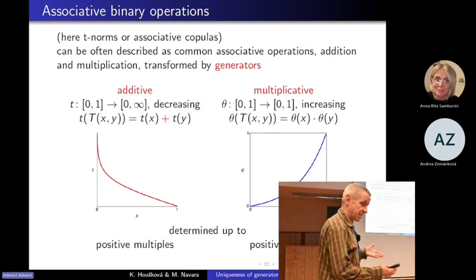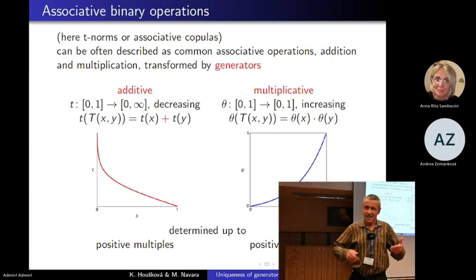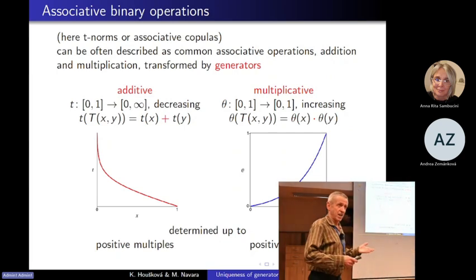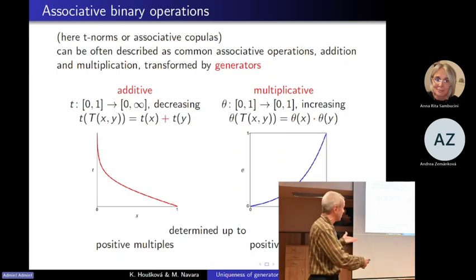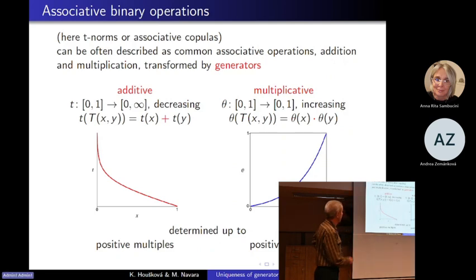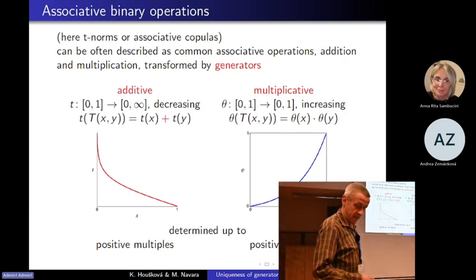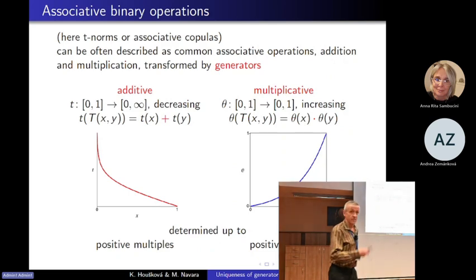That's an observation made already by Abel 200 years ago. Many associative operations are just translations of addition or multiplication by some nonlinear change of scale on a proper domain. So we have additive generators and multiplicative generators, which transform this associative operation to addition or multiplication.